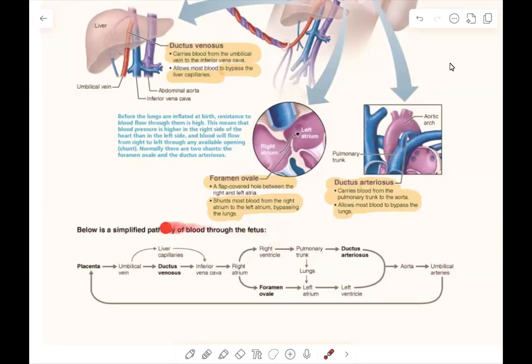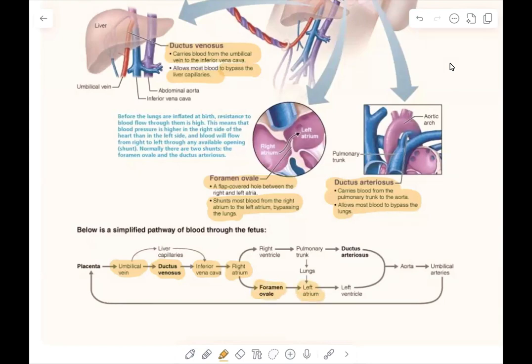So this is a simplified pathway of blood through the fetus. We have blood coming from the placenta via the umbilical vein. It goes through the liver, through the ductus venosus to the inferior vena cava to the right atrium. When it's in the right atrium, it goes directly to the left atrium through the foramen ovale.